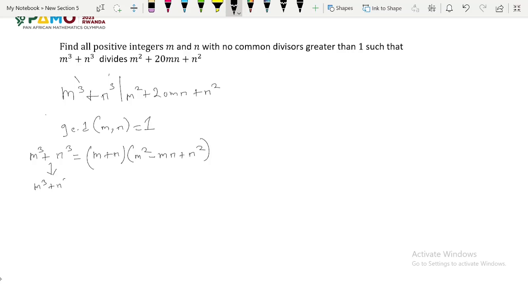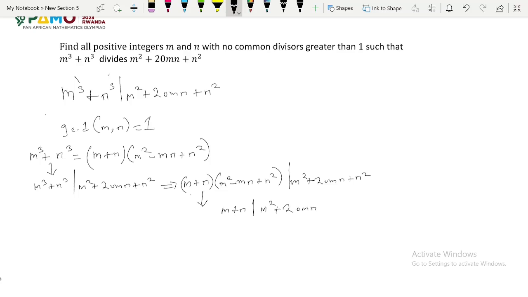If this divides m square plus 20mn plus n square, then it means that m plus n has to also divide this. And the m square minus mn plus n square also has to divide this. Right, so far so good.